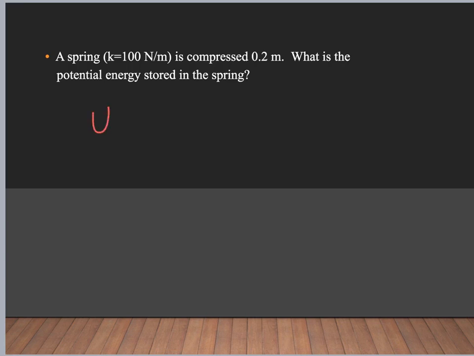1/2 k (x squared). All right, so let's write out that long version: 1/2 k (x squared minus x naught squared). What would the x naught be in this equation? We're going to have this be 0.